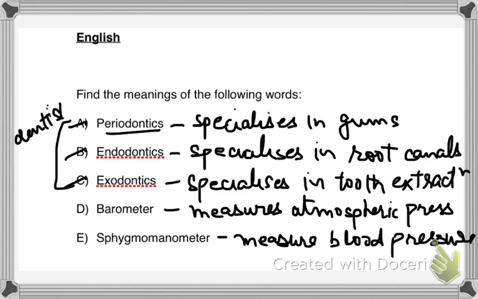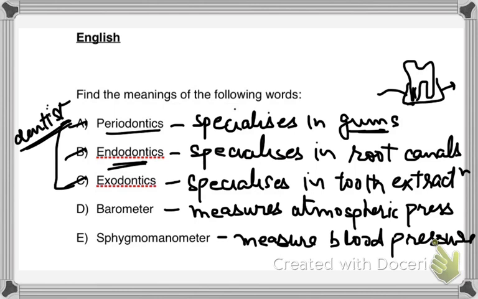All three are different types of dentists. So periodontics means a dentist who specializes in gums. Gums are the surrounding area of the tooth. And endodontics are the dentists who specialize in root canal.